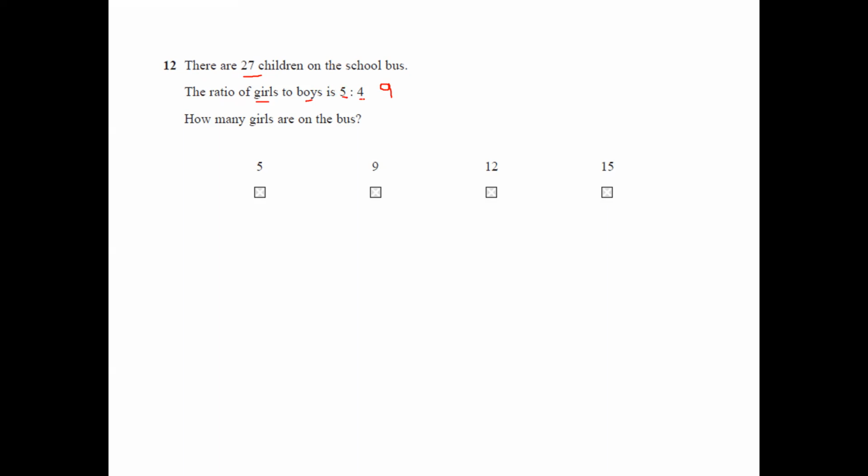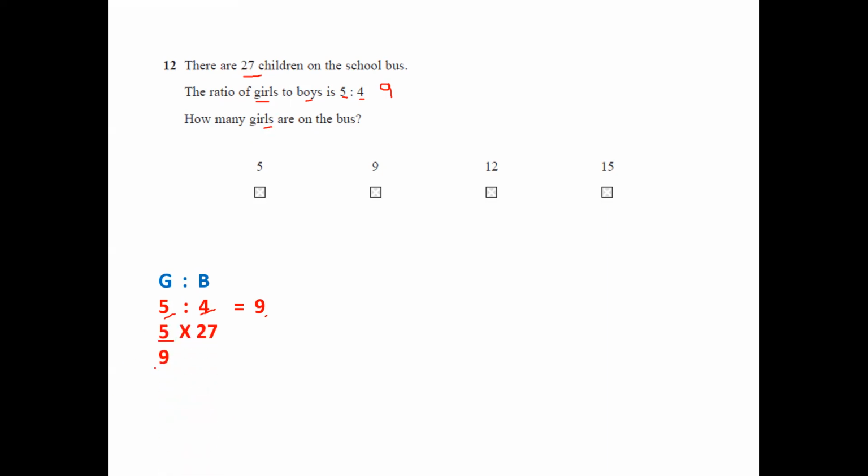Now, we have to find how many girls are on the bus. Right. Now, the ratio given in the question is 5 to 4. So we have to find actually how many girls are there if there are 27 children in the bus.